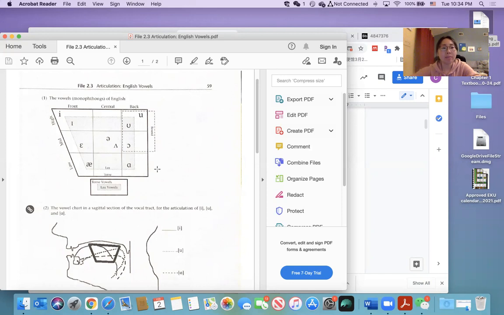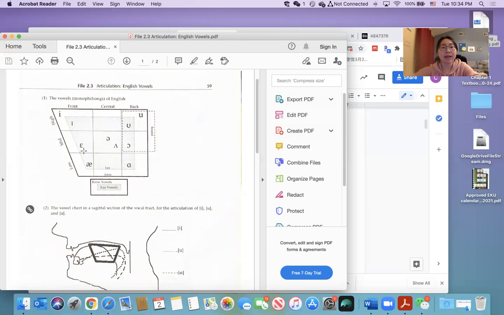And so based on the height of the tongue, we can describe our vowels in 3 groups. These vowels are called high vowels because the tongue position is the highest, okay?